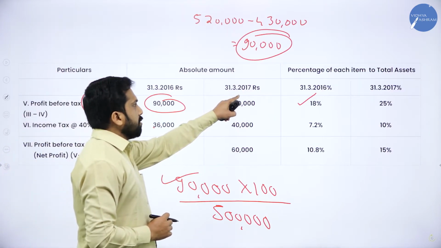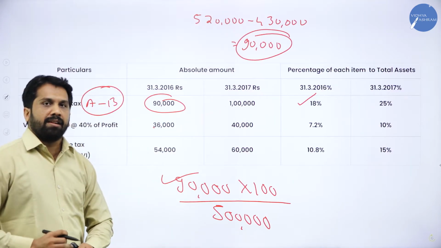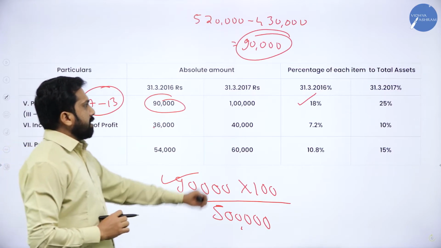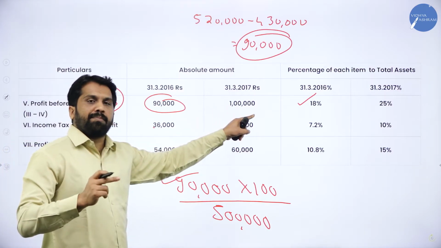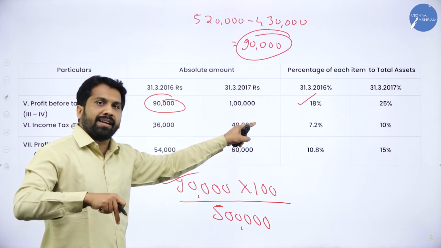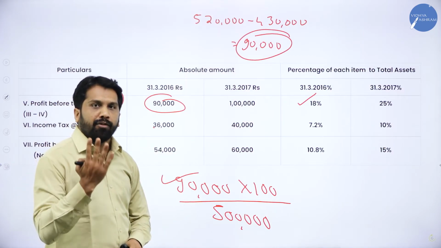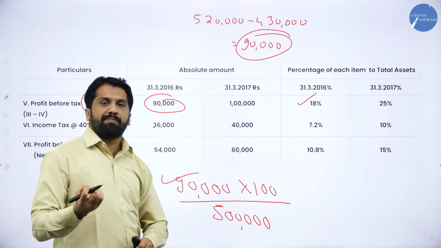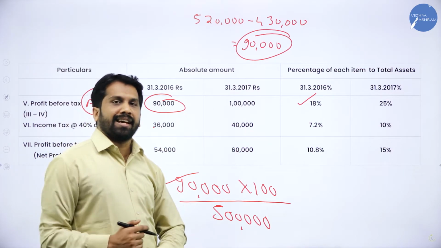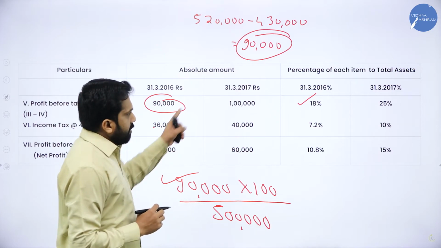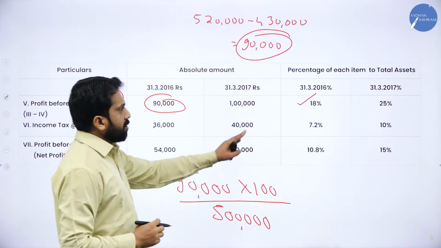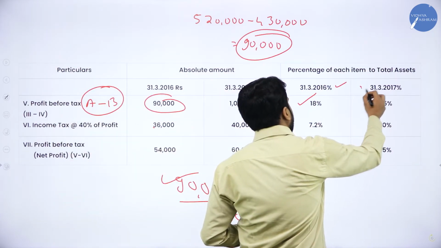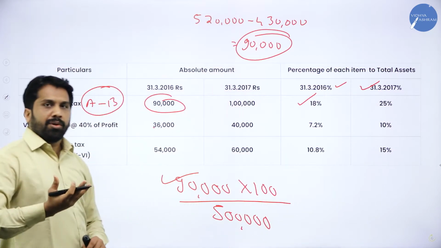Now, what about 2017? Under 2017, 1 lakh multiplied with 100 divided by how much? 4 lakh. Why is it 4 lakh? Because your denominator or base is 4 lakh. Now, this is done. Your 2016 is over, and 2017 is also over.